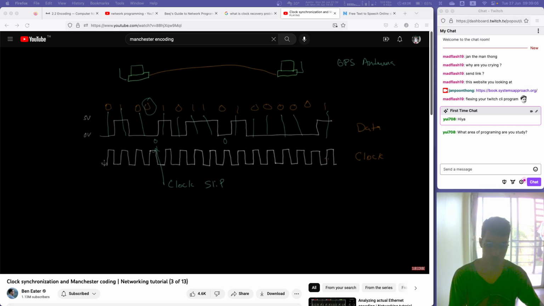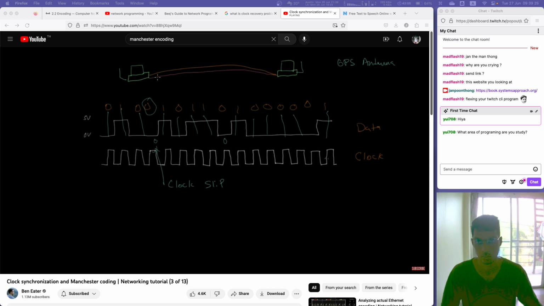Another approach that you can take is to actually send a separate signal. So we have another link or another pair of wires between these computers where we send this clock signal. So we're sending both the data and the clock across two different links. And so that way, this computer doesn't need to use its own clock.